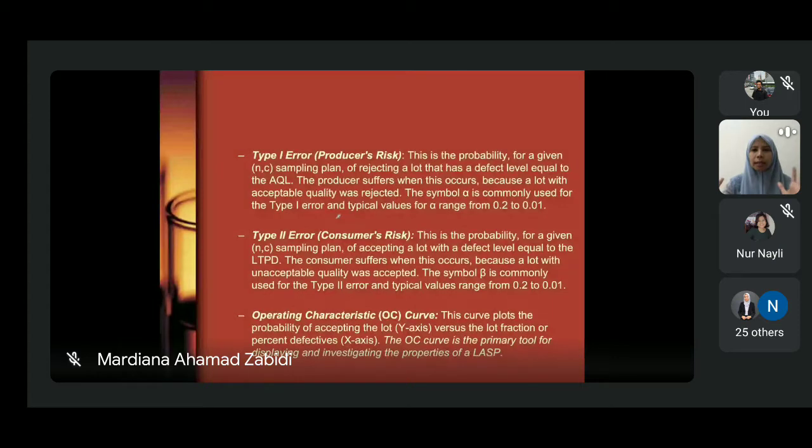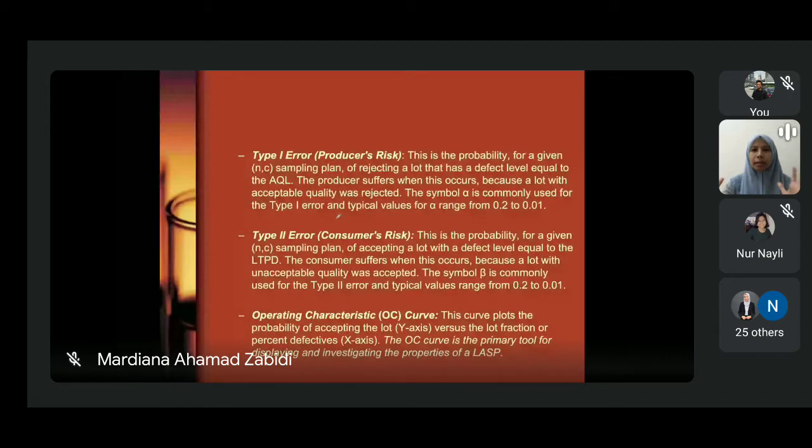Sebenarnya testing tu gives a conclusion that the defective of the sample is lesser. Okay, maksudnya the product, the lot needs to be accepted.